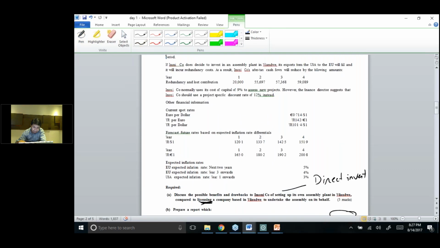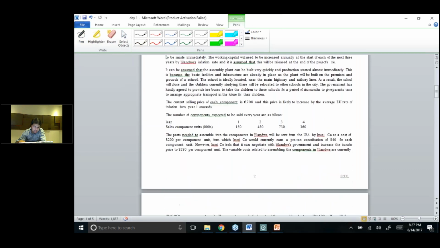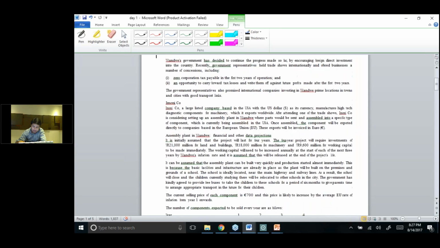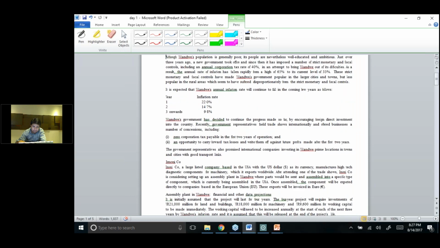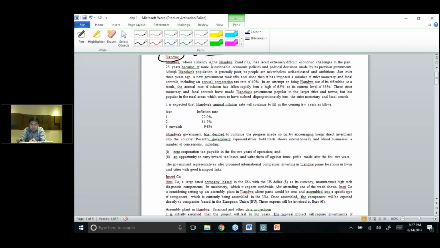So let's have a look at the question. Yelendeep, whose currency is YR, has faced extremely difficult economic challenges in the past 25 years because of some questionable economic policies and political decisions made by its previous governments. The population is generally poor. Its people are well educated, ambitious. Just over 3 years ago, a new government took office. It has imposed a number of strict monetary and fiscal controls.